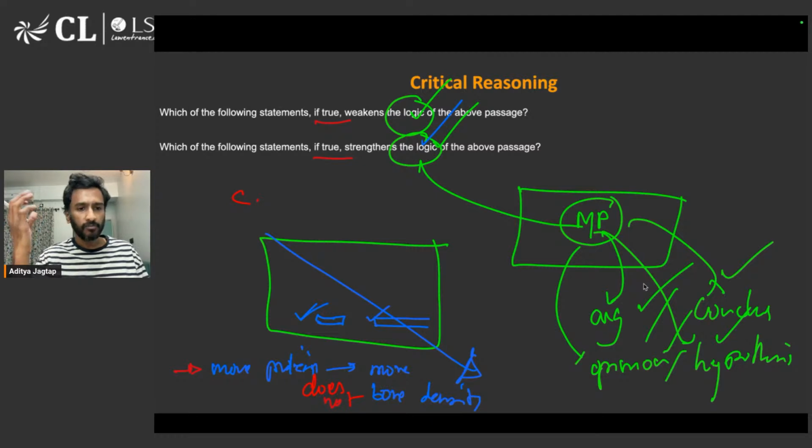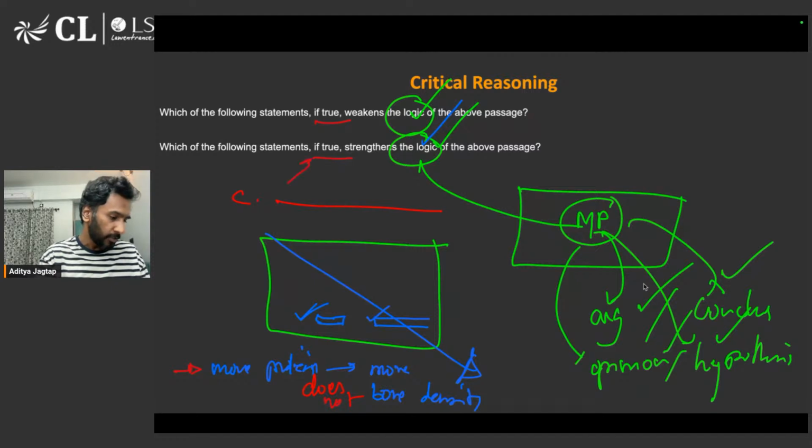Researchers found that when those fish consume more protein, the density of their cartilage actually decreased. So the opposite happened based on the information in sentence C. We take that information to be true, and then we realize that that true information is actually weakening this logic, and that's how we identify the right option.